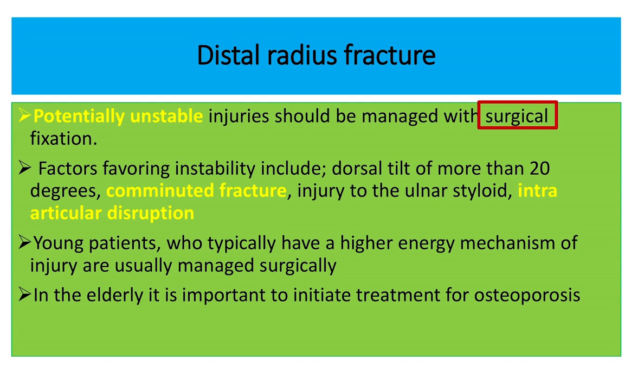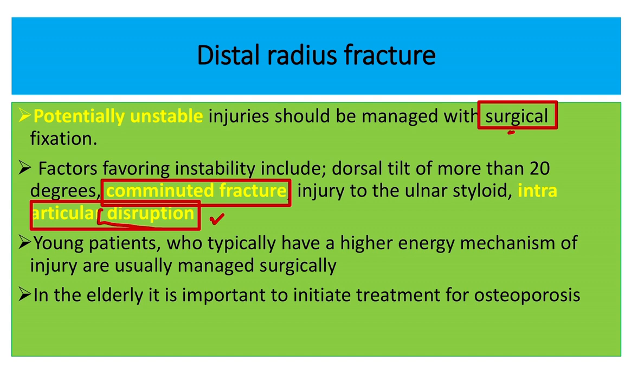Factors favoring instability include dorsal tilt of more than 20 degrees, comminuted fracture, injury to the ulnar styloid, and intra-articular disruption. In our question, number one is the comminuted fracture, and second is the articular disruption or joint involvement. As these two points are present in this question, our treatment option will be the surgical option.